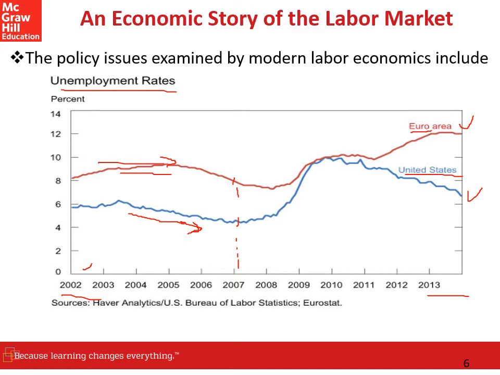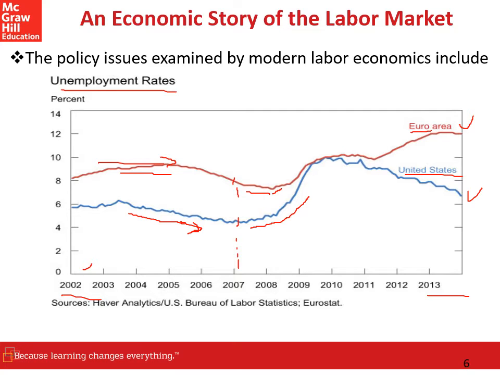Then the Great Recession happened in the US, which also impacted Europe. The Great Recession, also called the housing bubble or the housing crisis in the US, caused the unemployment rate to start to increase. After 2007, the unemployment rate in Europe also started to increase.